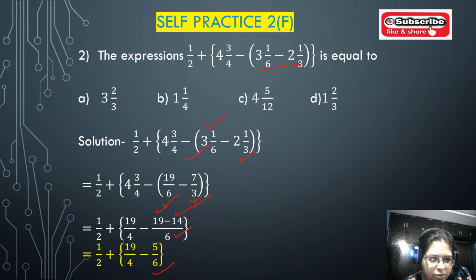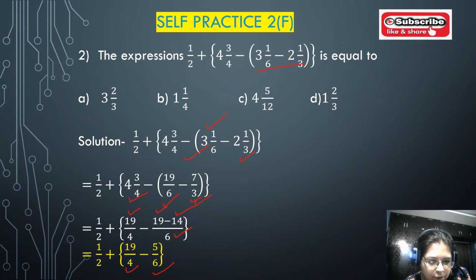Now we convert this mixed fraction 4 3 divided by 4 into an improper fraction. So multiply the denominator 4 with whole 4 plus numerator 3. 4 multiplied with 4 is 16, 16 plus 3 is 19, 19 divided by 4. So we get 19 divided by 4 minus 5 divided by 6, that is inside the bracket.